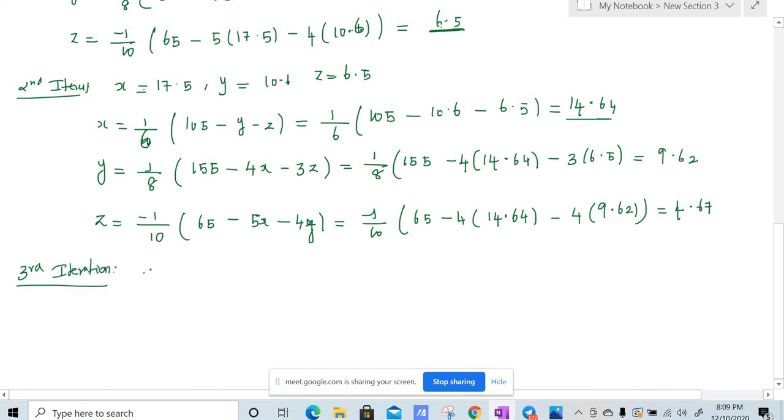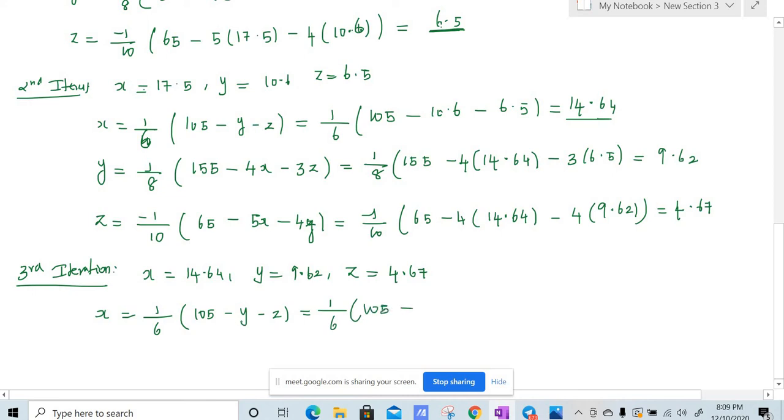So for the third iteration, our x is 14.64, our y is 9.62 and our z is 4.67. Now what is x? x is 1 by 6 into 105 minus y minus z, and this will be 1 by 6 into 105 minus the updated value for y, 9.62, minus the updated value for z, 4.67.